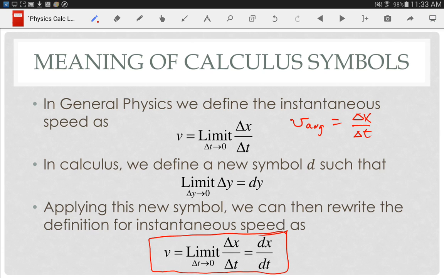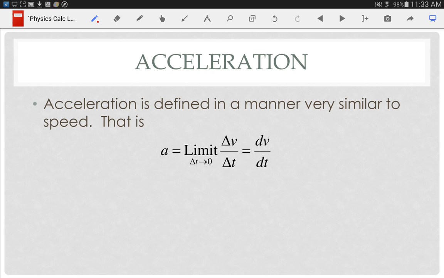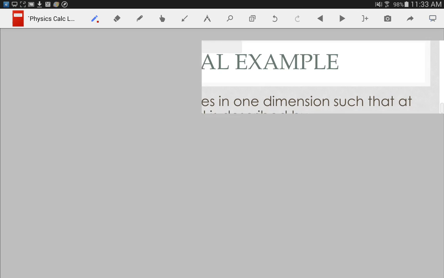We don't do that all the time simply because it's a lot of work and we've learned rules about how that math is going to play out. We'll be using calculus a lot. We'll never refer back to these rules again, but I want to make sure people remember where it comes from. Here we have acceleration showing the same variation. Acceleration is dv/dt to find the instantaneous acceleration.